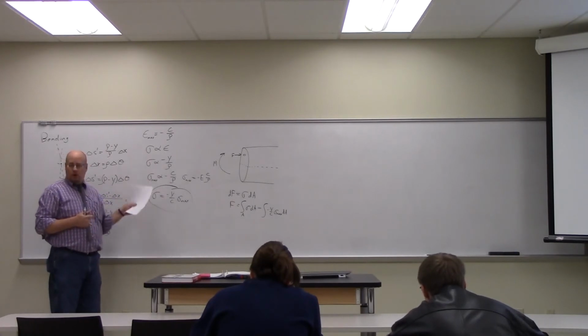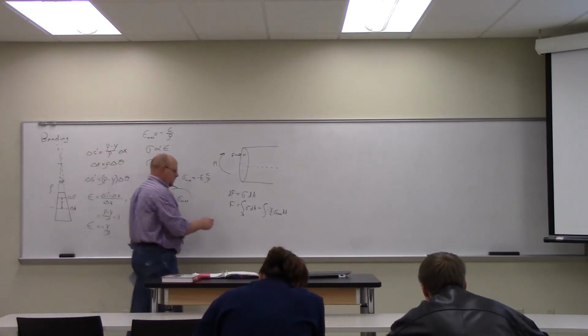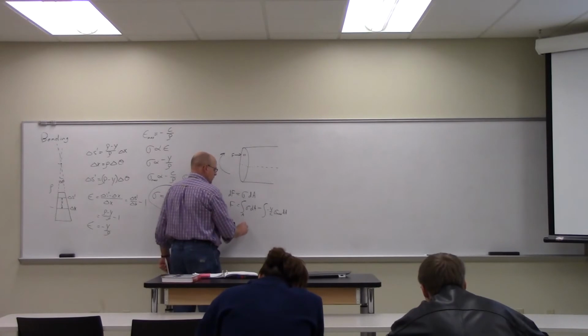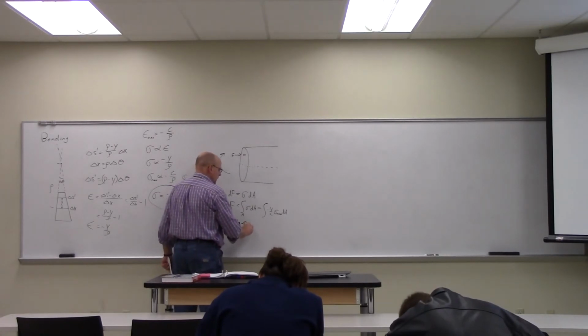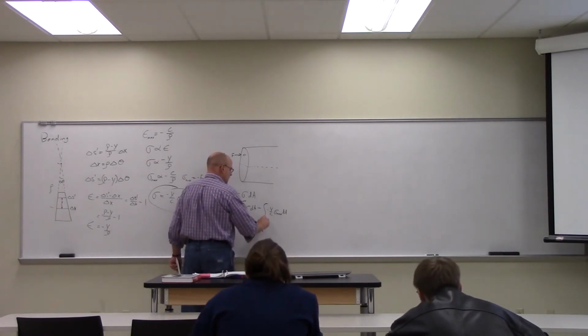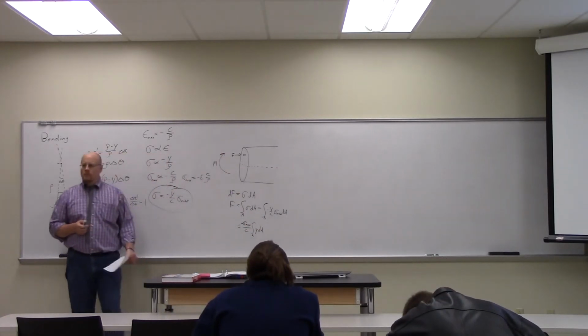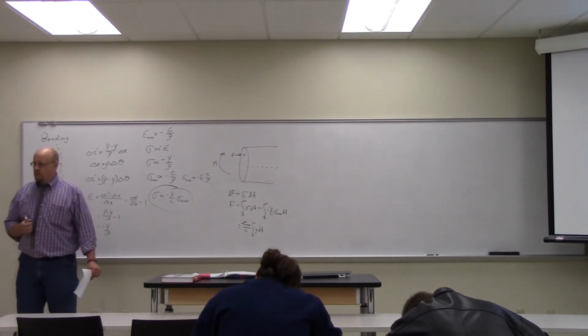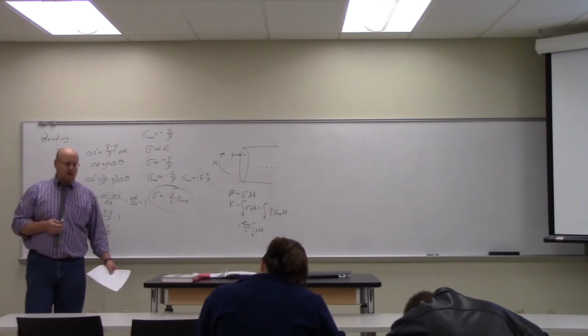C is constant for all points on the surface, so it comes out. So the total force is just minus sigma max over c times the integral of y dA. That's the total force acting on the end face.